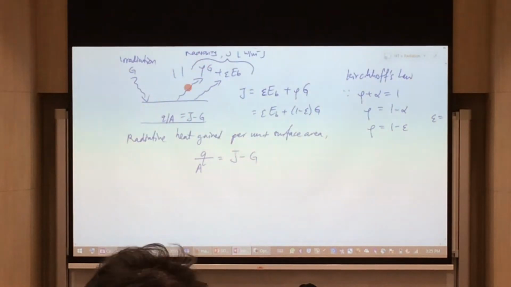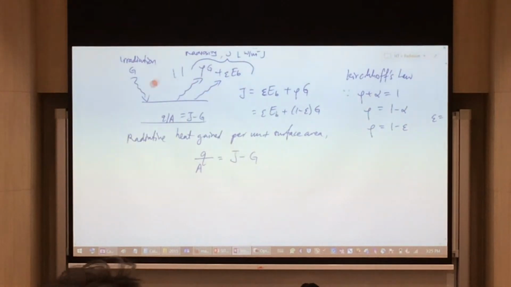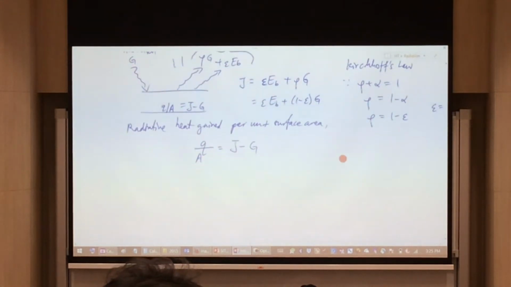Your J is whatever that's emitting from that surface. So kind of like the resultant radiative heat will be equal to J minus G.